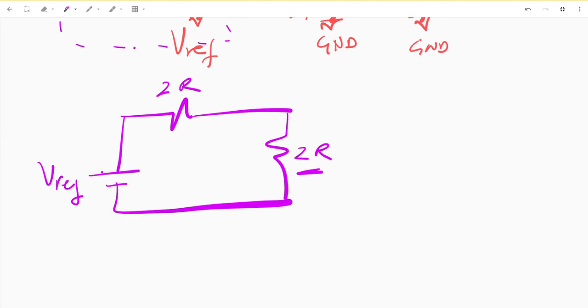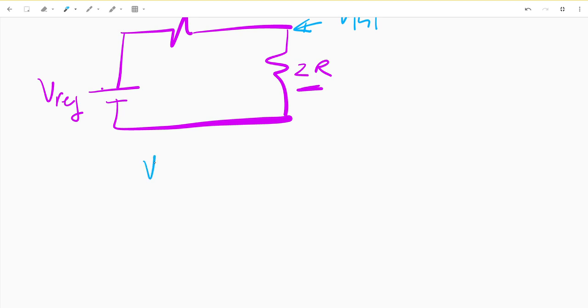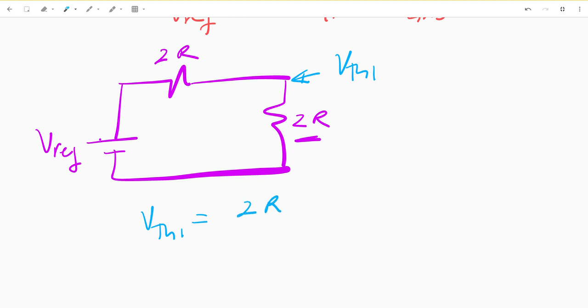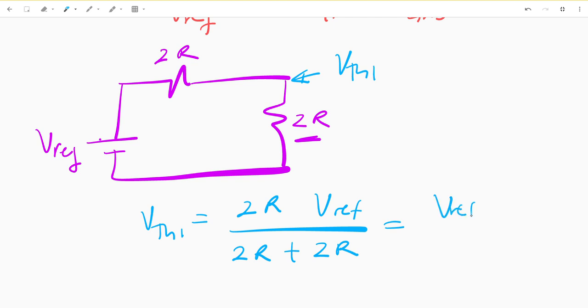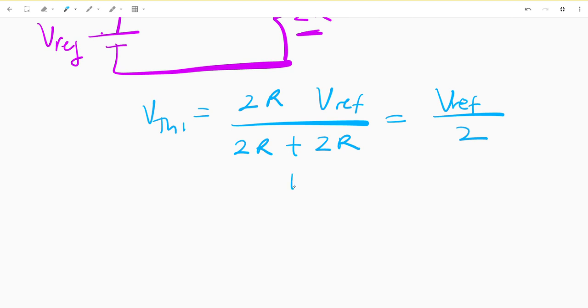And what we want to do is find VTH1, and we get that VTH1, because of voltage division, is equal to 2R Vref over 2R plus 2R, which is equal to Vref over 2. And again, the proof of this is 2R Vref over 4R.